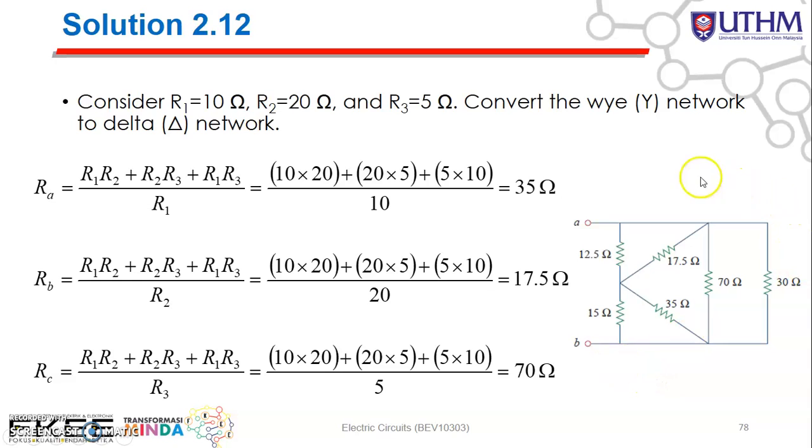Alright, based on this new equivalent circuit, you can further simplify it, where you see your 70 ohm and 30 ohm are connected parallel to each other. 17.5 is connected parallel to the 12.5, and 35 is connected parallel to the 15 ohm.